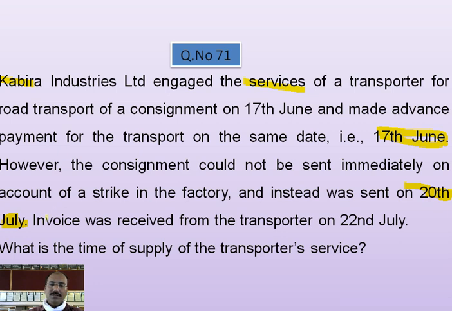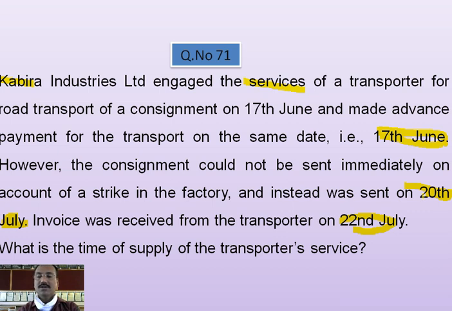The invoice was received on 22nd July. So the supply of service date is not to be used here. Sorry, this is a transportation case. A transportation case means GTA. GTA comes under reverse charge mechanism. So the date of issue of invoice is 22nd July, and for that you have to add 60 days.